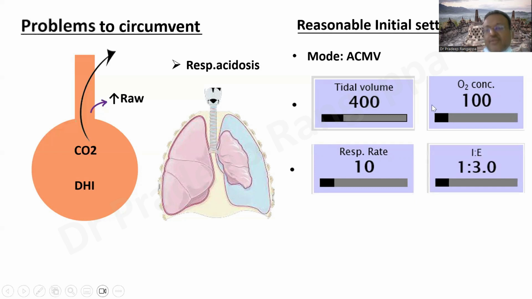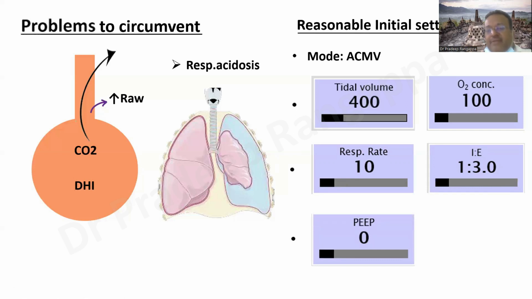And the key thing is to increase the IE ratio. So expiratory time has to be increased so that they have enough time for this carbon dioxide to come out. And PEEP, you can keep it initially less. I think 5 is reasonable, or you can reduce it further. So there is a concept of the PEEP that we need to keep to circumvent the intrinsic PEEP.